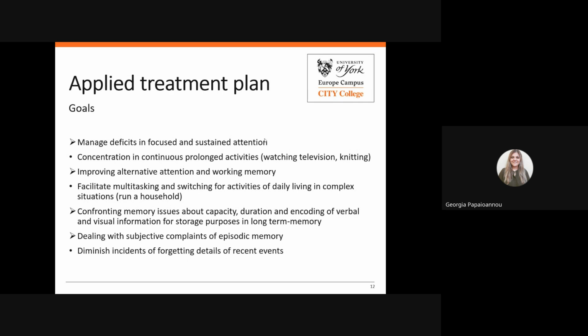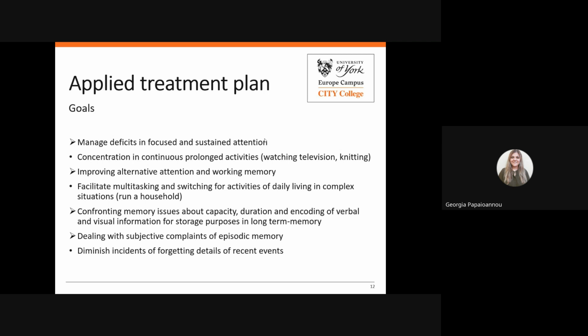So for her that would mean to watch television or to knit, because she had referred in our conversations that she really liked knitting, but she couldn't focus her attention for too much time on that task. To improve alternating attention and working memory, so to facilitate multitasking, which immediately has to do in our everyday life with running a household.